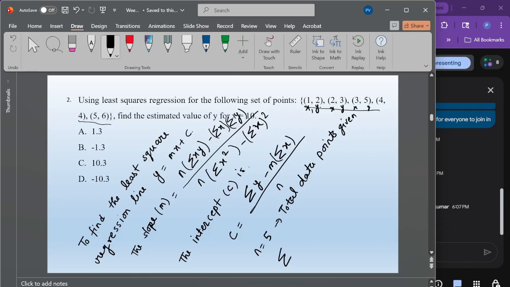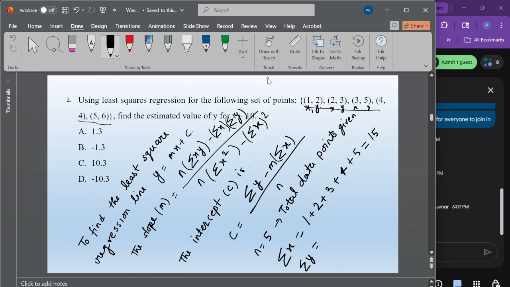So for summation x, we have to sum all the data points that correspond to the x direction, right? So 1 plus 2 plus 3 plus 4 plus 5. If you add all these data points, you will get 15. And now similarly, we have to calculate summation y as well.